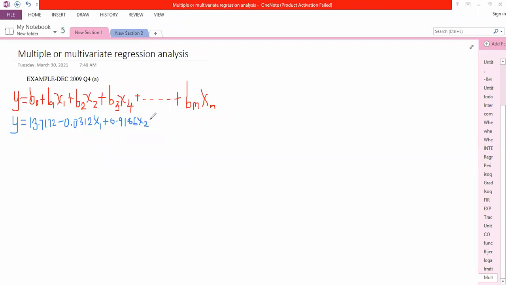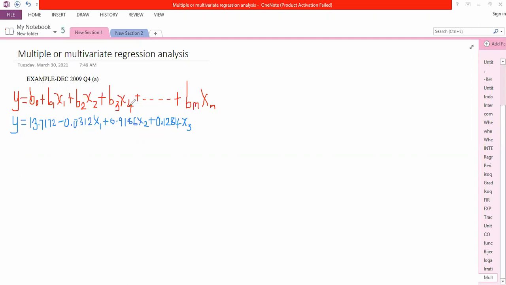The next coefficient is that of x3, which is also a positive 0.1284, and this is going with x3. You see, I'm following the general form that we had earlier on.